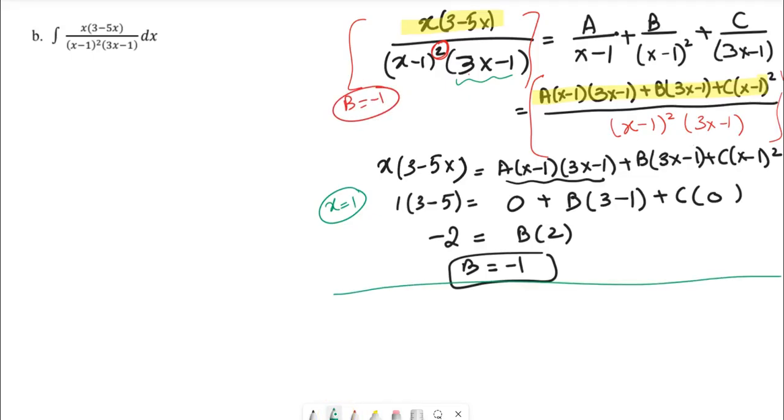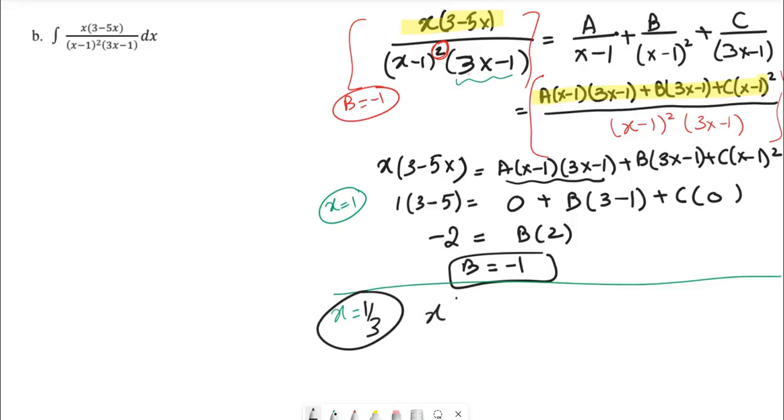Now I'm saying this is true for all x. So this should also be true for x is equal to 1 by 3. Where did I get 1 by 3? From my second factor. So what I'm going to do is try to put 1 by 3 everywhere.